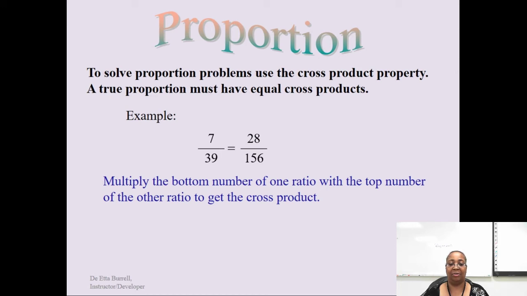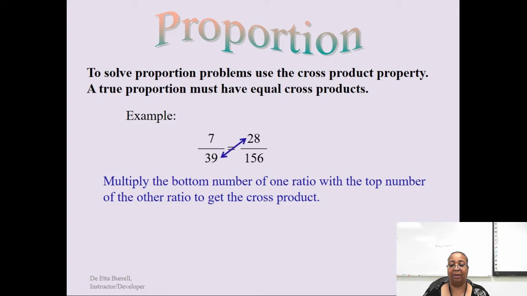The answer goes with the top number, just like we would do when we were doing fractions. And then we would take 39 and 28 on the other side and multiply to check it as well. So basically, multiply the bottom number of one ratio with the top number of the other ratio to get the cross product.